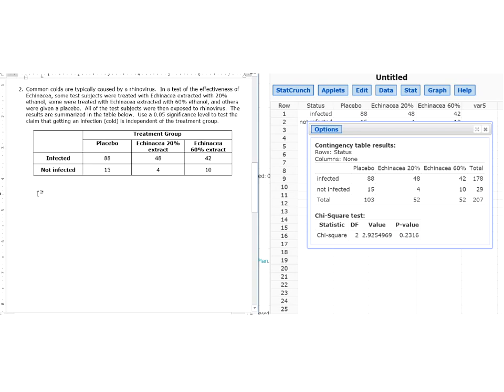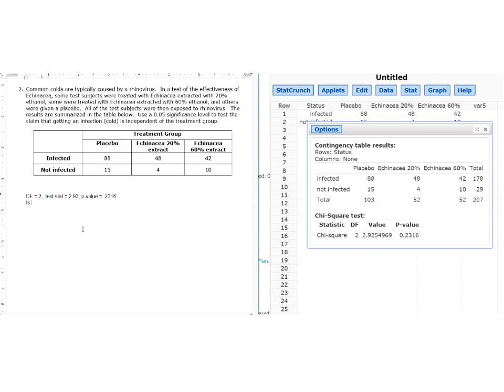Our degrees of freedom is 2. Our test statistic is 2.93. Our p-value is 0.2316. Now again, in this one, if we're looking at a hypothesis test, we're comparing our p-value to our significance level, which was 0.05.